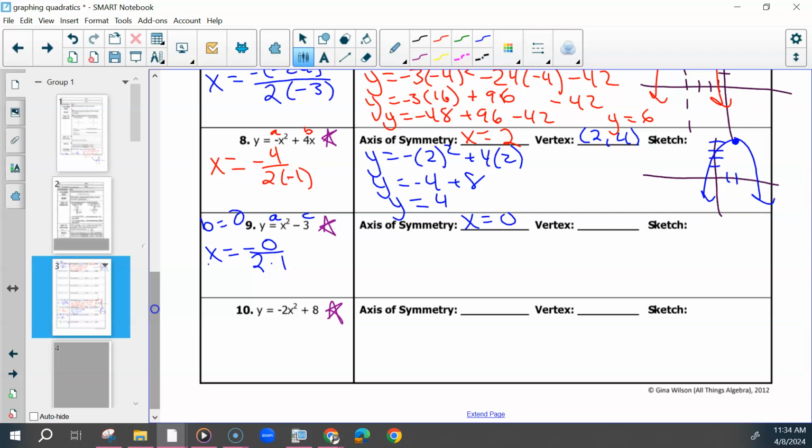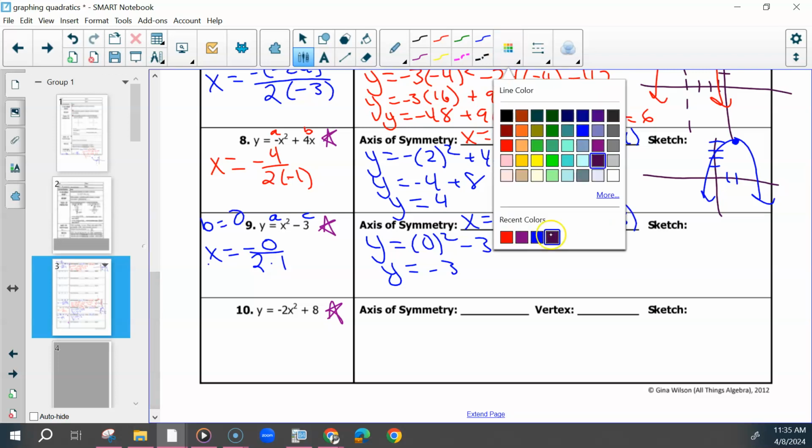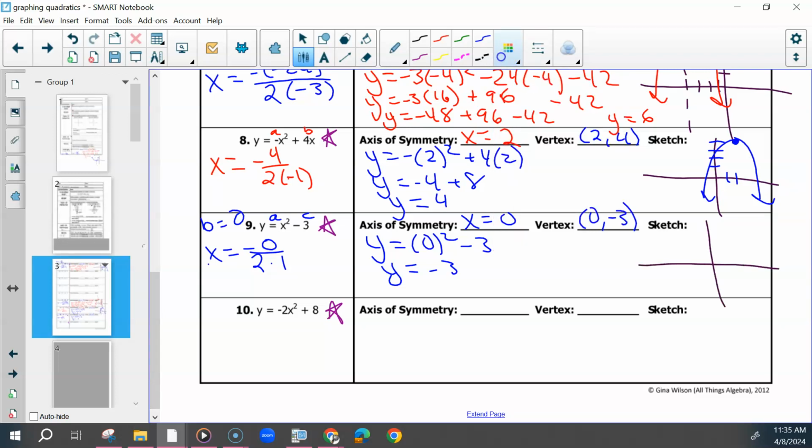And then if I were to put that in to find y, what's our y value? Negative 3. So I'm going to highlight my y-axis to show that's my axis of symmetry.